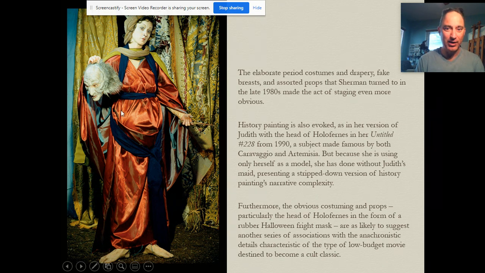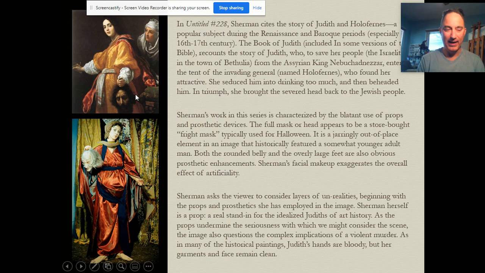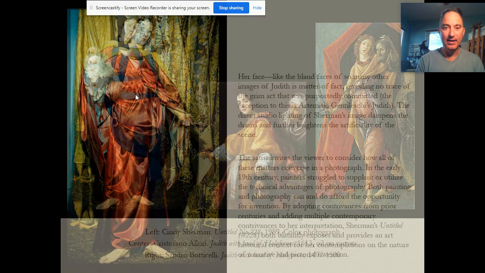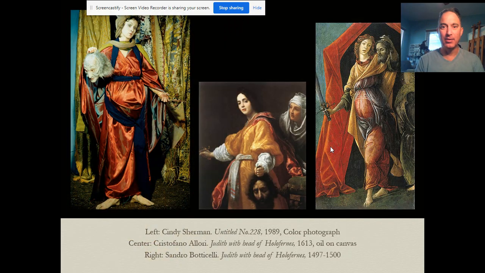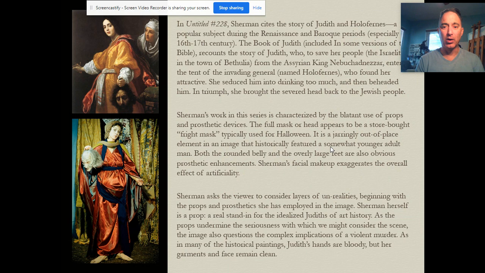She's put on the makeup, and she holds not a real head, but a Halloween mask. Again, the Halloween mask or fright mask creates its own kind of meaning, its own kind of symbolism, where the man himself becomes this archetype of danger and fear, and that is inscribed upon the female body or psyche.